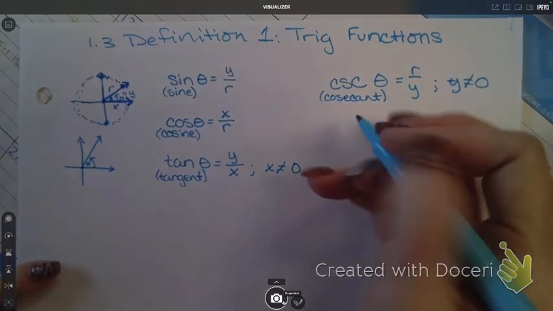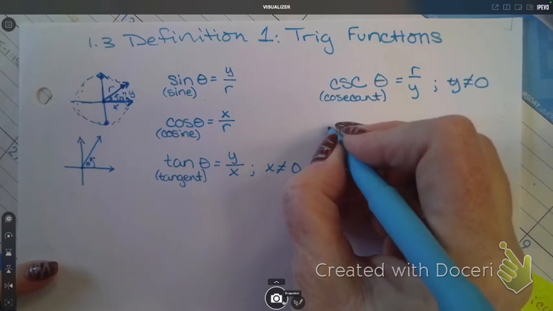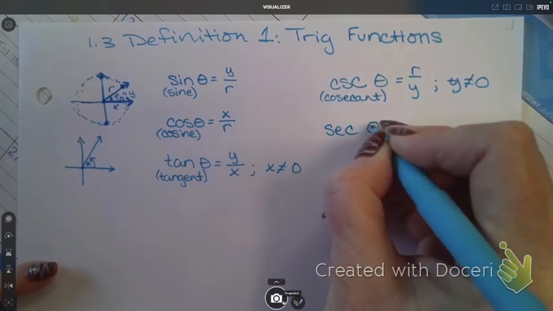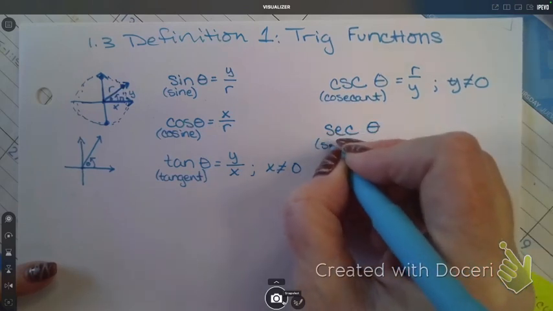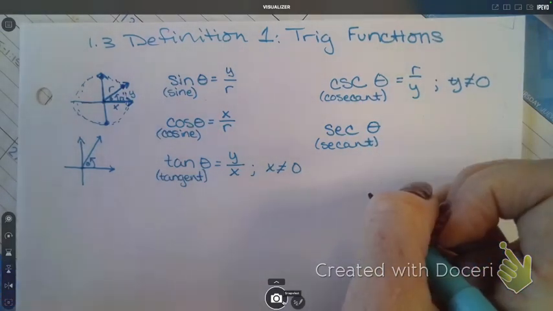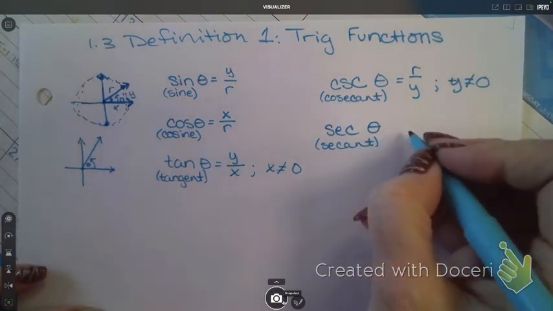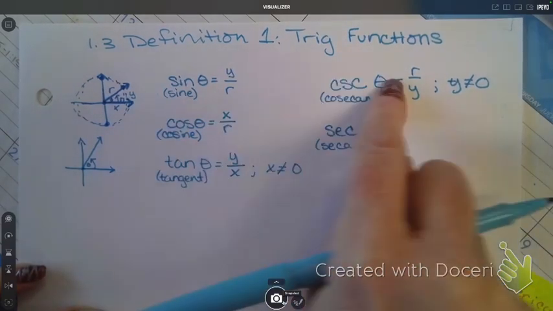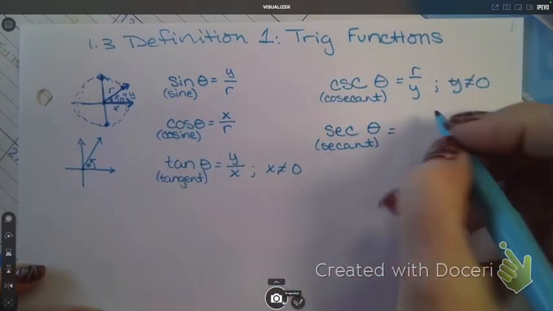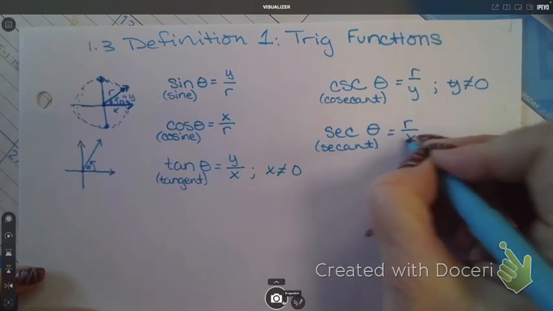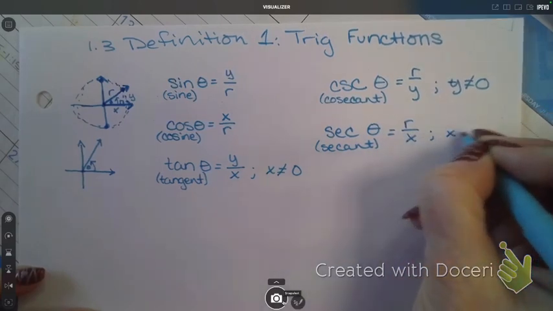So secant, SEC of theta, is the reciprocal of cosine. Do you now see why we're writing them across from each other? So it would be what over what? R over x. And x can't equal 0.